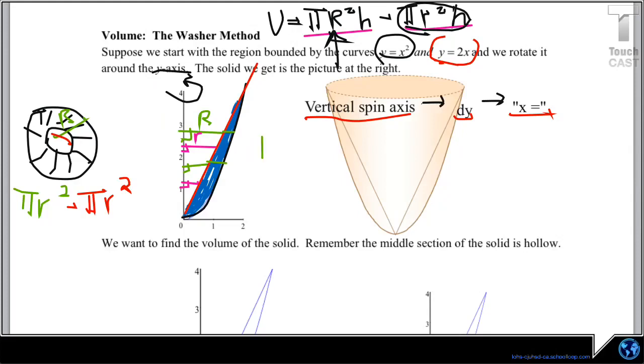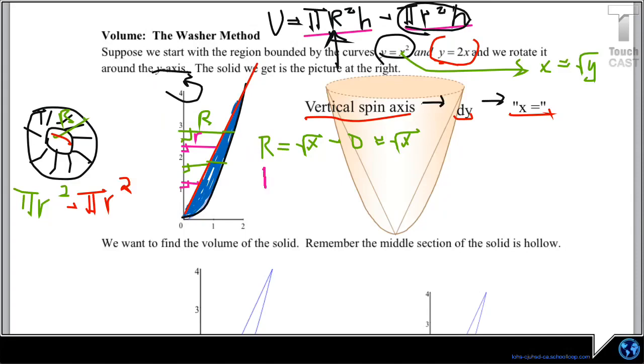To find the capital R, I take the right function, which is the black one, the square root of y, minus the left function, which is my y-axis, so minus 0. Of course, that simplifies. Notice I drew my radii perpendicular to my spin axis, and I solved that upper equation for x because I needed it in x equals form.